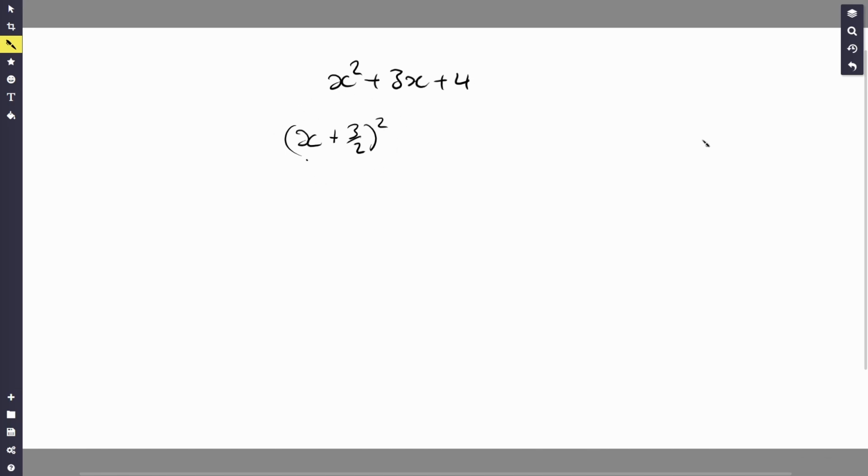And that's going to be the first part of this. So that's squared, and then we're just going to minus whatever this value squared is at the side. So that would be 9 over 4. And then we're just going to add the 4 over here. And that's how you complete the square.